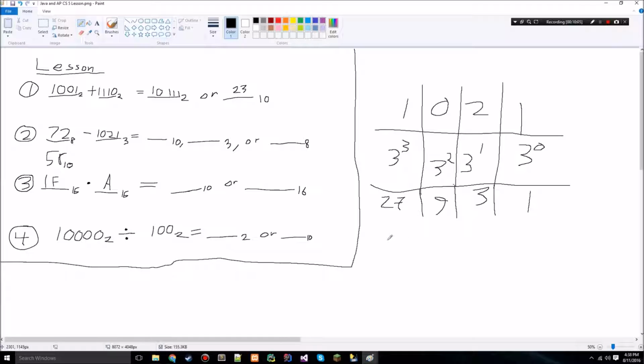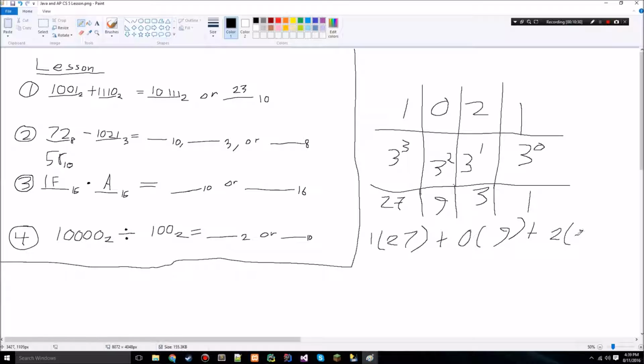So we have 1 times 27, let's write it like we did with the other one, plus 0 times 9, plus 2 times 3, plus 1 times 1, where we have the digits outside the parentheses and the place value terms inside.